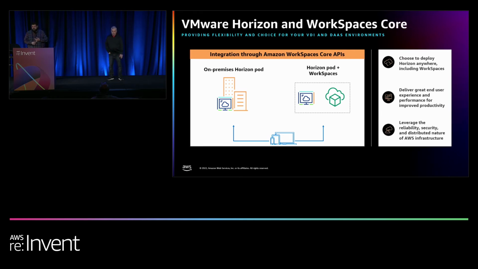So from an architectural perspective, you could even use the same UAGs, the Unified Access Gateways, and the connection servers that are on-prem, as long as you have low enough latency and bandwidth to support it, usually a Direct Connect, right? You can use that infrastructure on-prem to start deploying desktops in Amazon Workspaces today. So that's the easiest way to get going, right?